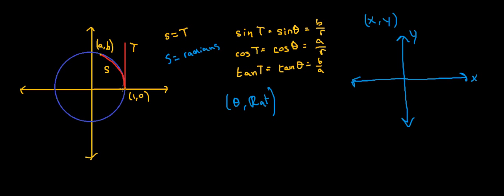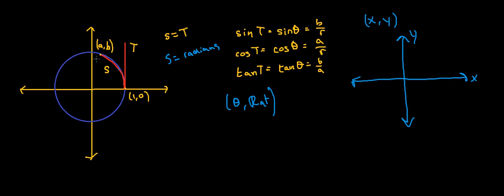I can go T, let's just say 1 unit, and say it was right here. That's going to correspond to a particular point. I can go a little bit further and go to point AB. That's going to correspond to a particular point. I can go greater T all the way over here. That'll correspond to a point. I can go backwards. I can go T minus 5, whatever the units are. It might be somewhere over here. That's going to correspond to a particular point.